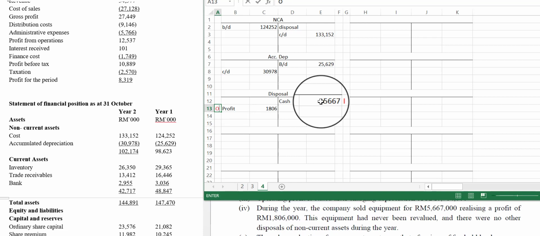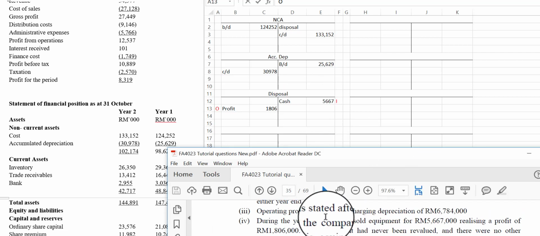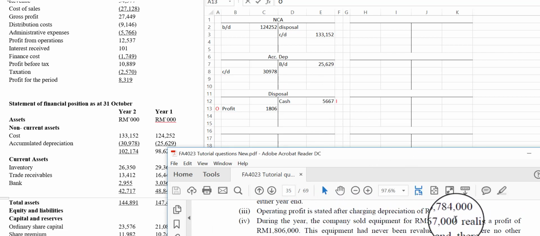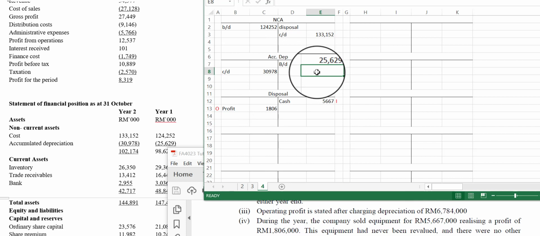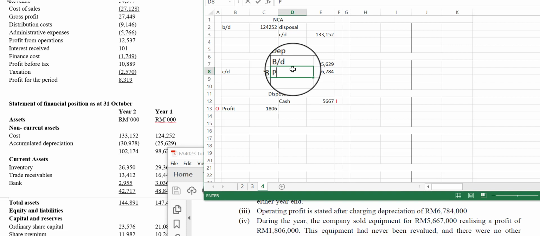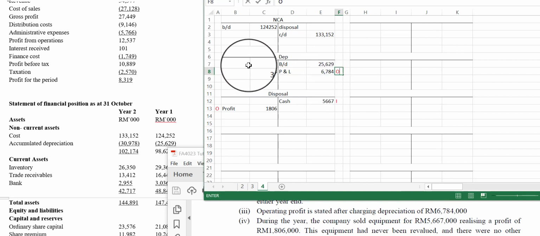This will relate to your operating activities later. Now the question mentions you have a current year depreciation of 6,784. So this amount will be the figure here, current year depreciation 6,784. This is your profit and loss current year depreciation amount. This figure you'll use when you prepare your operating activities.